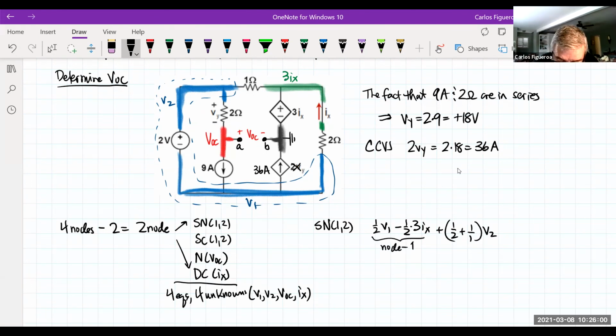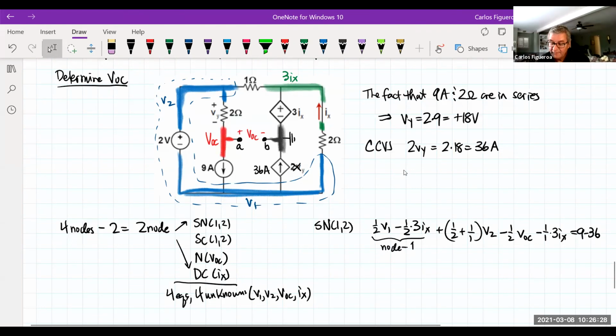Then I have 1 mutual with VOC, and then I have 1 mutual with 3IX. And then do I have any current sources flowing in or out of the supernode? I see 9 coming in, and I see 36 going out. So it should be equal to 9 minus 36. And so here is node 2.